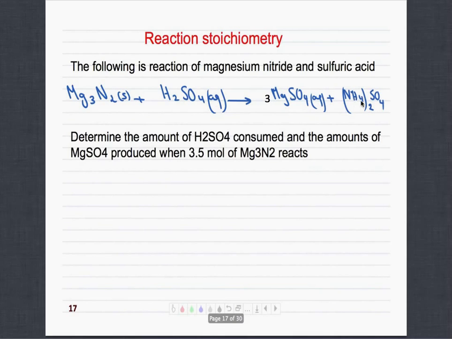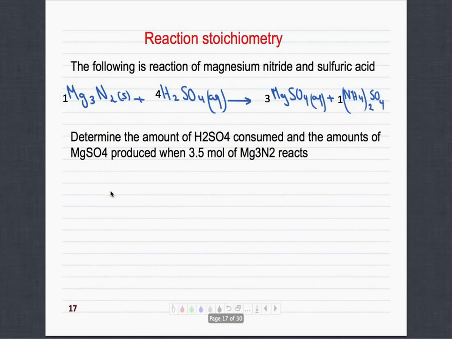The first step that should come to your mind, guys, is balancing the equation. First, balance the equation, then you go any further with that. So let's start with balancing the equation. Magnesium nitride plus H2SO4 aqueous gives magnesium sulfate plus ammonium sulfate.